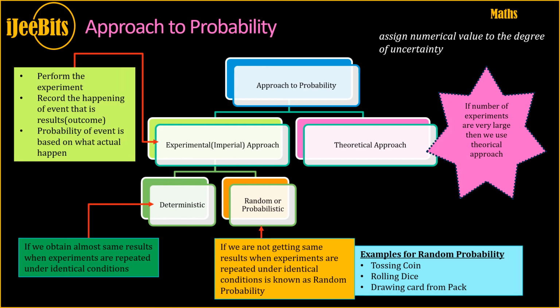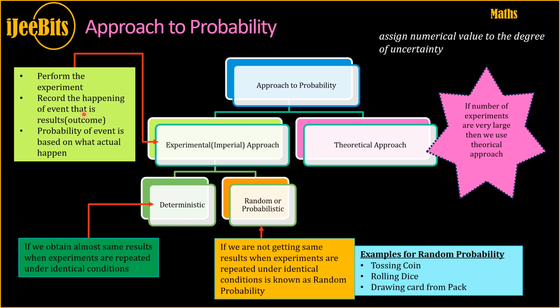At a high level, the approach to probability is how you calculate a numerical value for a degree of uncertainty. There are two approaches for this. One is the experimental or empirical approach. The other one is the theoretical approach. Experimental approach means you do some activity, perform the experiment, and record the result.